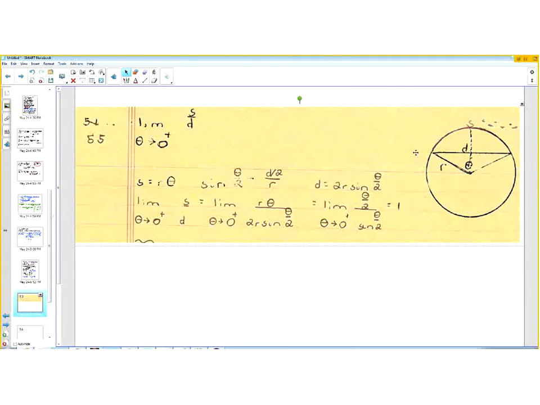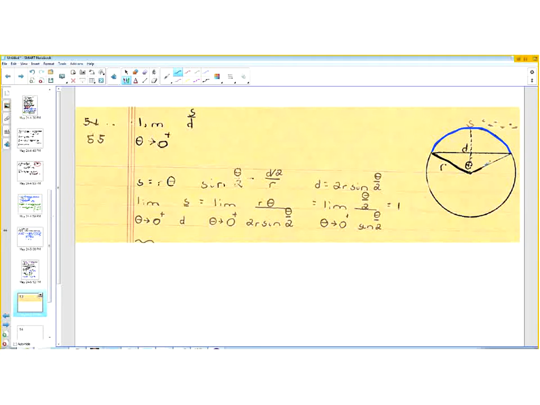So in this case, look at this figure. We have a circle, and S is the arc subtended by angle theta. So here we have arc S, I'll accentuate in blue, and it's subtended by this angle theta.